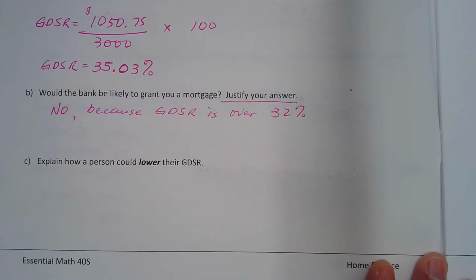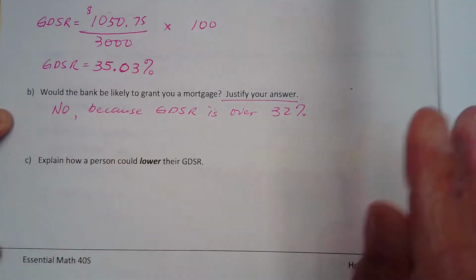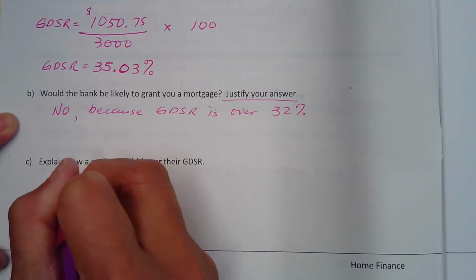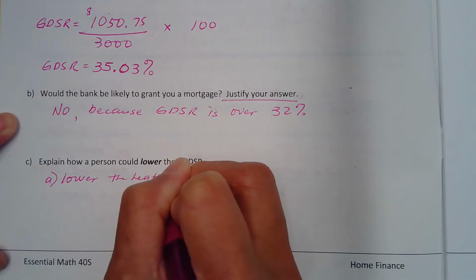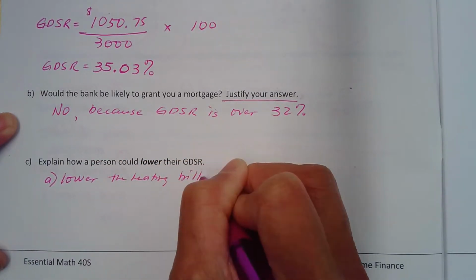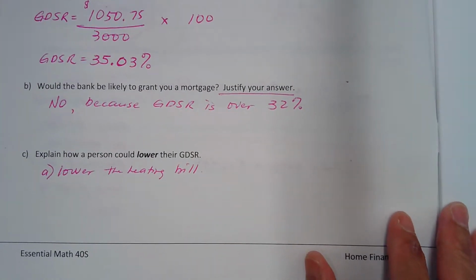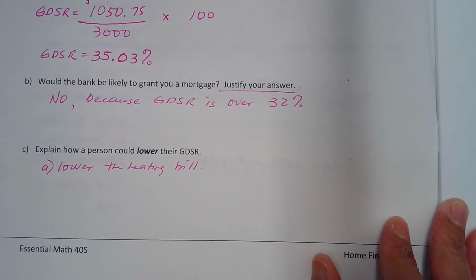Lower the heating bill. Okay, so they're going to try to lower the heating bill. That's after they would have purchased the home, right? After they purchase a home, that's the only way they can lower their heating bill. Okay.